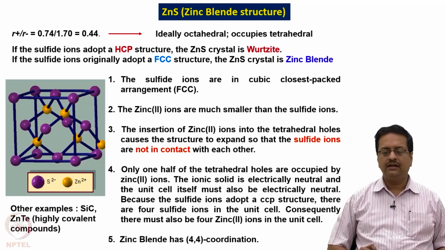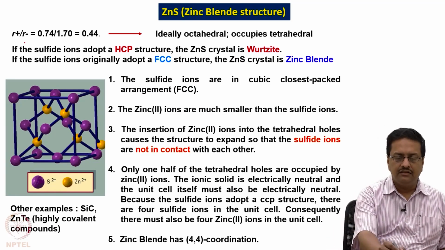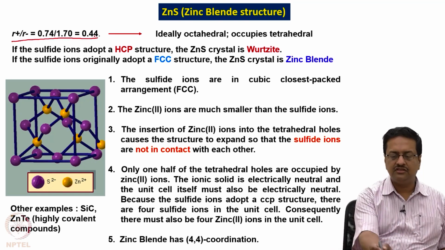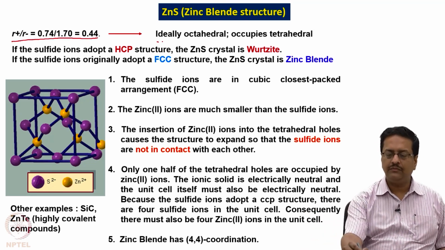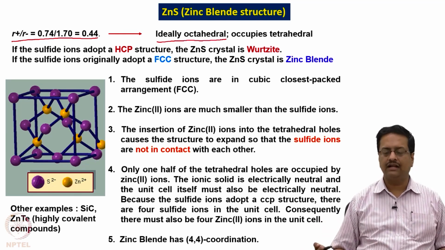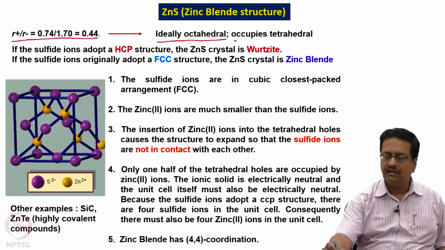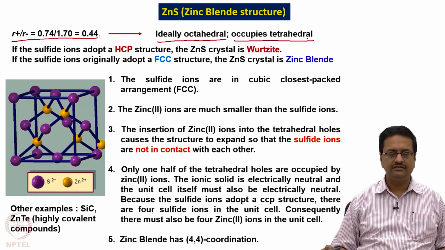Now, let us see what is the zinc blende structure, or ZnS structure. In the case of zinc blende structure, the radius ratio is 0.44. So, ideally the octahedral sites should have been occupied by the cations, but in reality the tetrahedral sites are occupied by the cations.